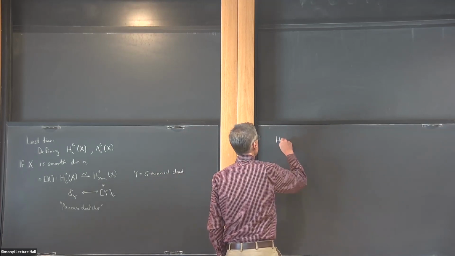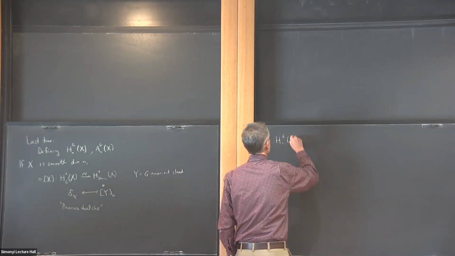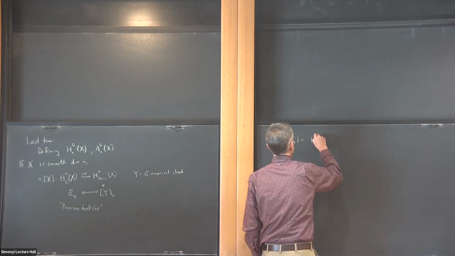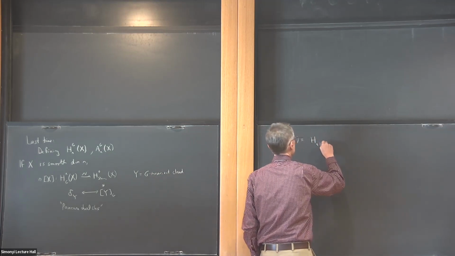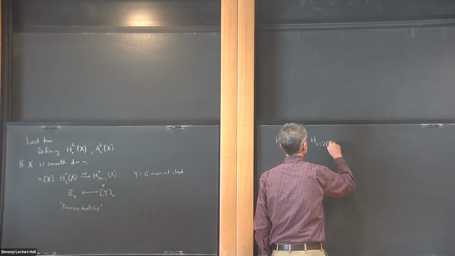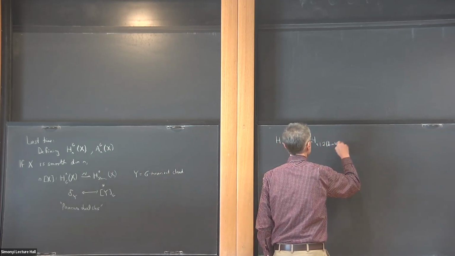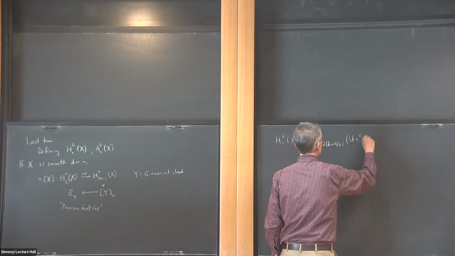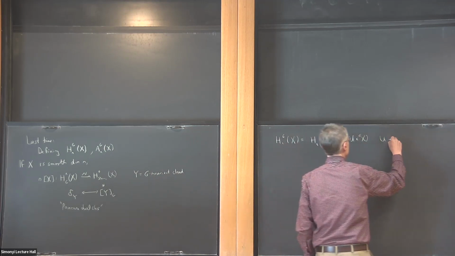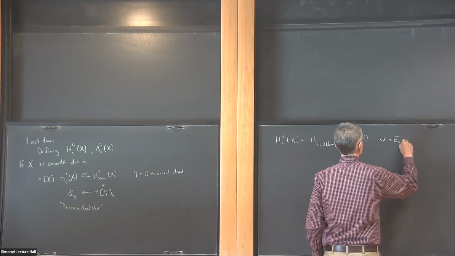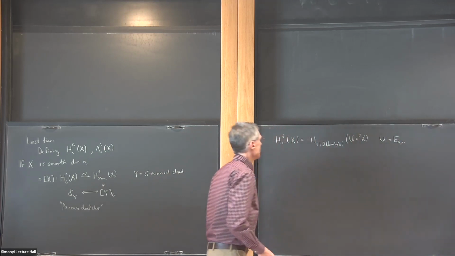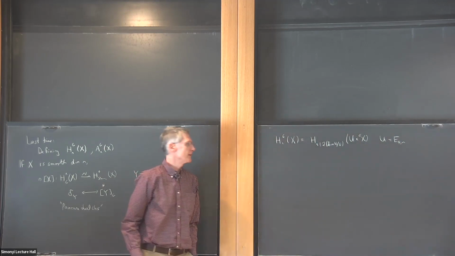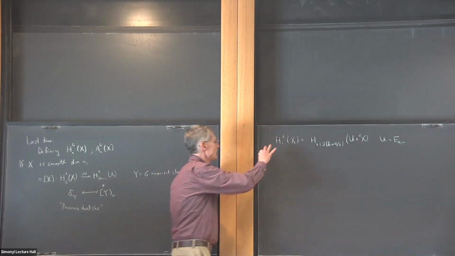The other comment is that, remember, H_i^G of X was H_{i+2 dim U/G} of (U × X)/G. So U is our model, like E to N. And so the thing that happens here is that this group vanishes.